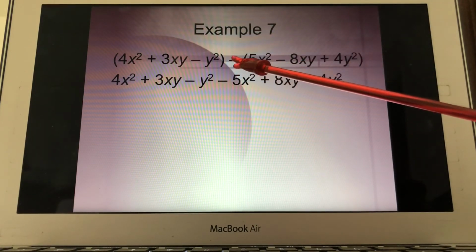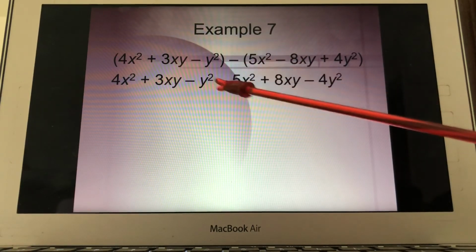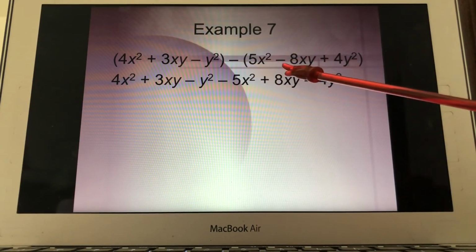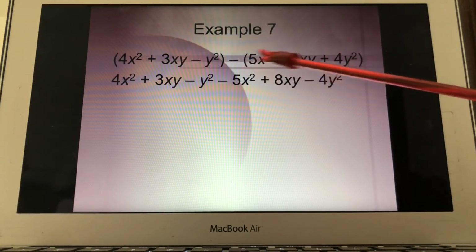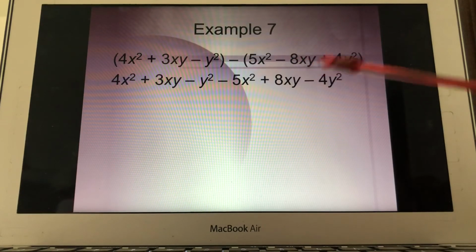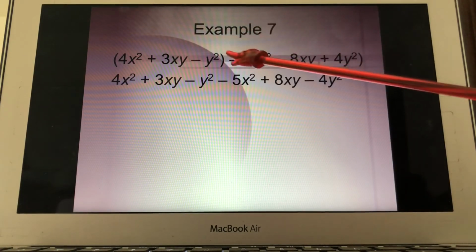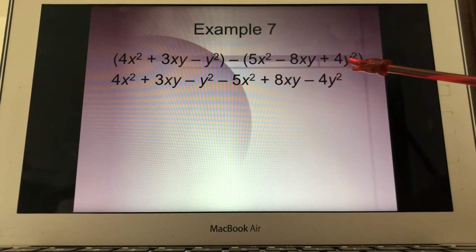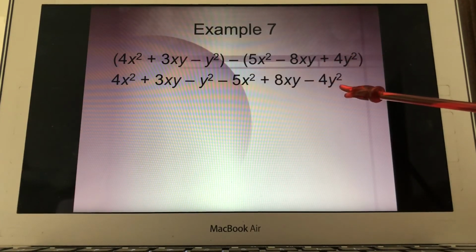All right, so negative 5x squared becomes negative 5x squared. Negative 8xy, okay? Negative, negative, remember, that becomes positive. So we have plus 8xy. And then plus 4y squared, you multiply by a negative number, it becomes the opposite, that becomes negative 4y squared.